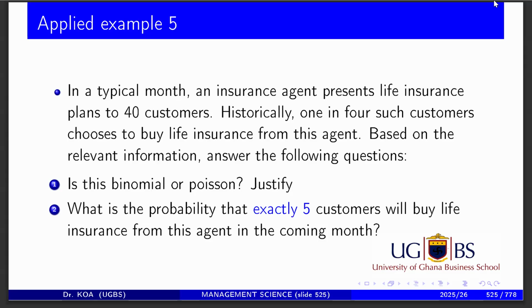Hey, look, this thing is too confusing. You used the word typical month, right? They said you use the typical month to determine the length. What motivated you to think it is Poisson?